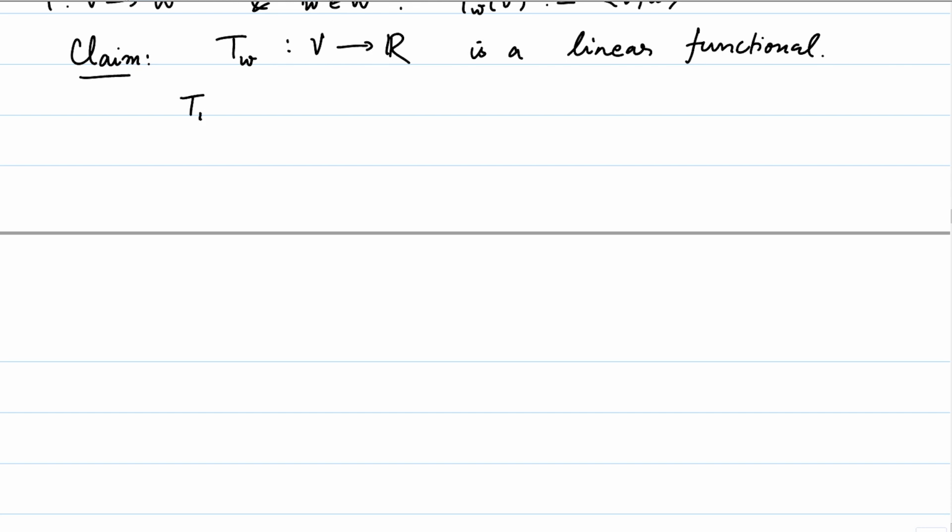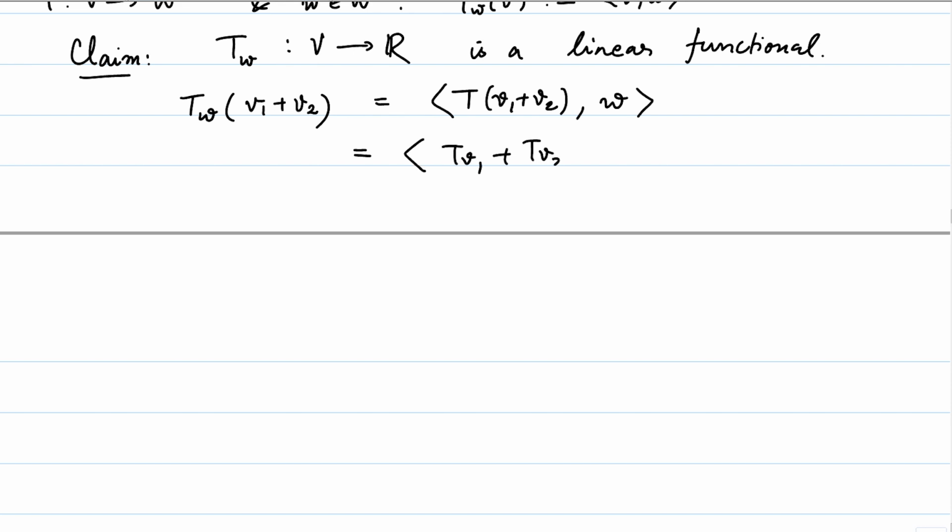So what is it that we have to check? The first one is to check that if we have v1 and v2 in capital V, what is T_w of v1 plus v2? By definition, this is the inner product of T of (v1 plus v2) with w. But T is a linear map to begin with. So this is just the inner product of T(v1) plus T(v2) with w, which by the properties of the inner product is the inner product of T(v1) with w plus the inner product of T(v2) with w.